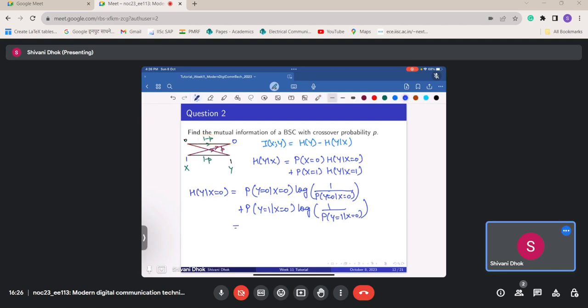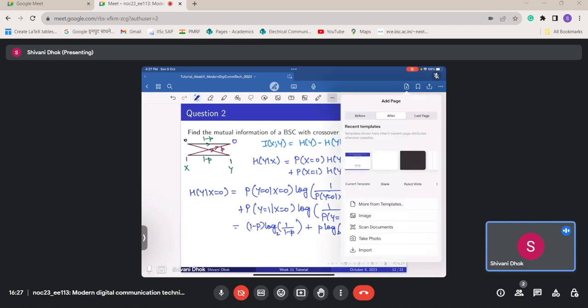So we have 1 minus p into log of 1 upon 1 minus p, plus this probability that Y equal to 1 given X equal to 0, which is simply p into log of 1 by p. Let's define this as Hp, and this log is with base 2.